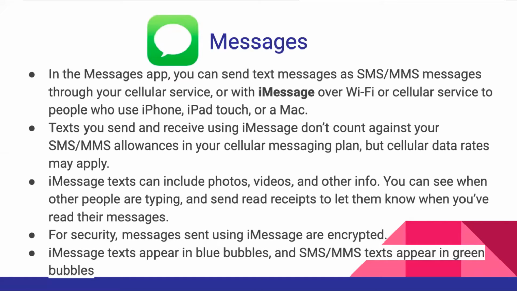And another cool thing that distinguishes what kind of product the other person has on iMessage is the blue bubbles will be for someone who also has an Apple product, or the green bubbles that you receive, and that shows that that person has an Android or is using an SMS text.